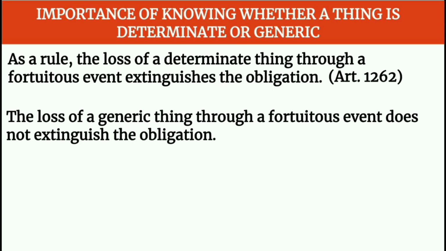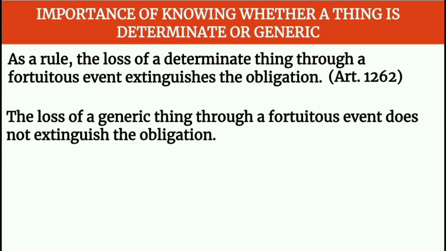Again, as a general rule, the loss of a determinate thing through a fortuitous event extinguishes the obligation. But the loss of a generic thing through a fortuitous event does not extinguish the obligation.